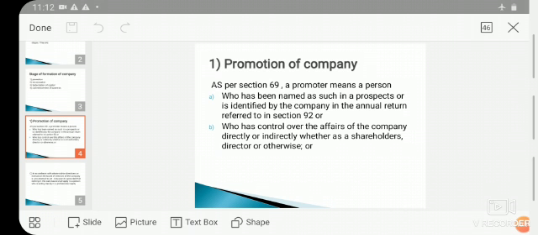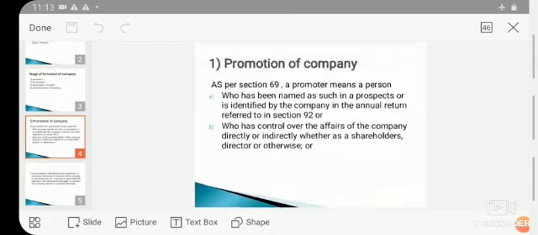Next, the second one: who has control over the affairs of the company directly or indirectly, whether as a shareholder or a director. That means a promoter is one who, directly or indirectly, whether he is a shareholder or a director, is also considered a promoter.